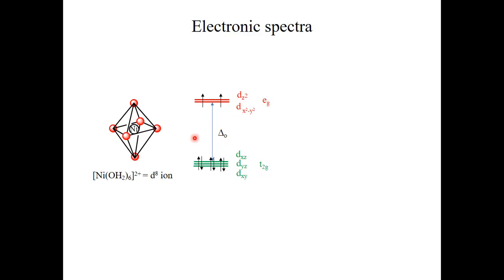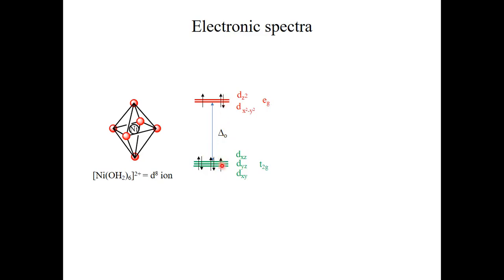Well, we could say that visible light of the correct wavelength could promote 1 electron from a t2g to an eg orbital.